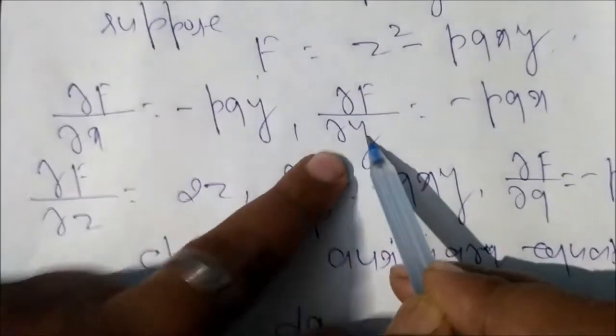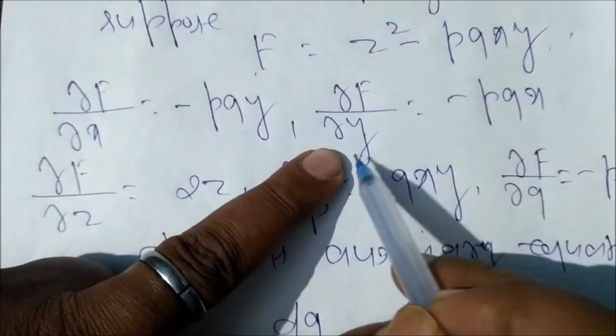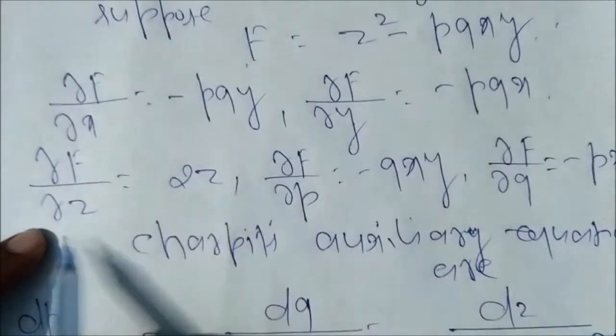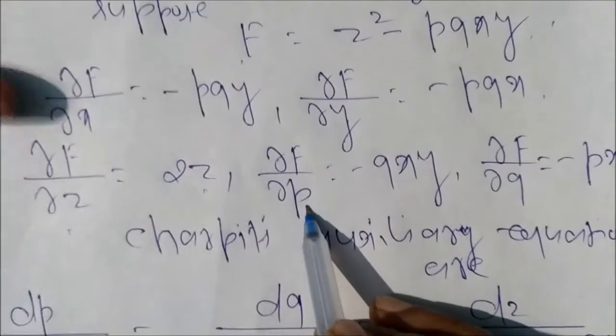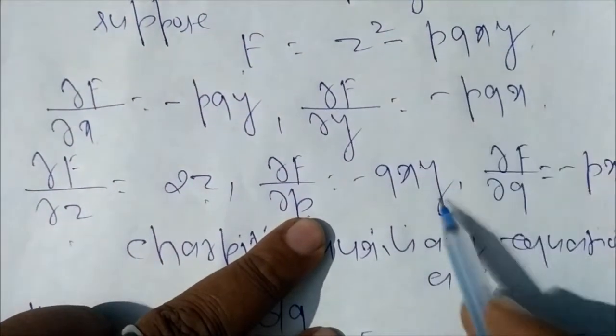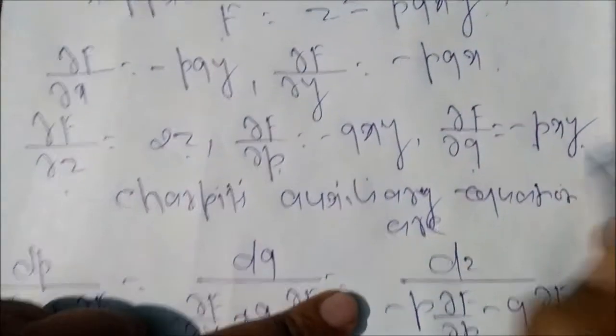Similarly, del f by del y, you will get minus pqx, and del f by del z equal to 2z. Similarly, del f by del p is minus qxy, and del f by del q is minus pxy.